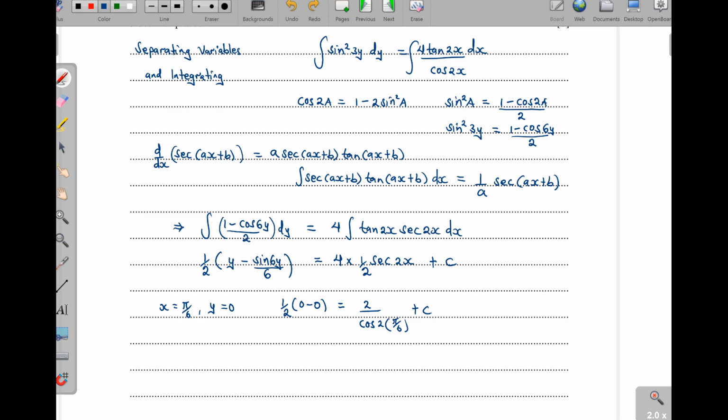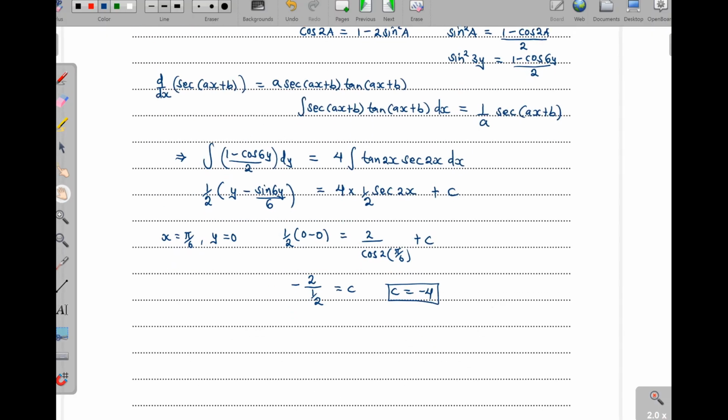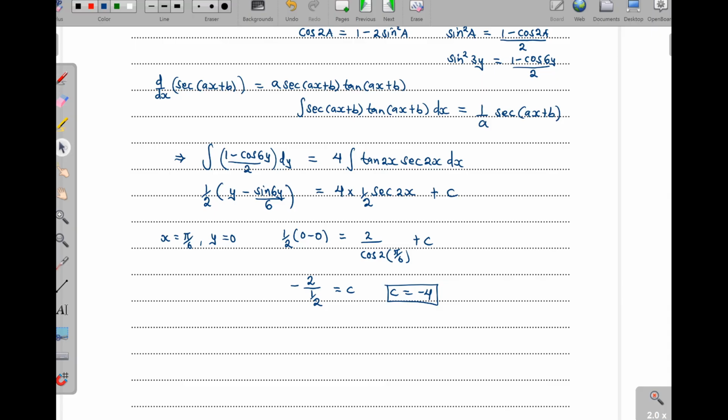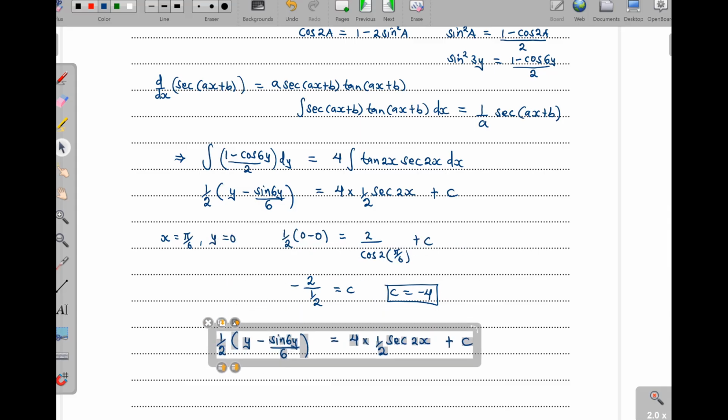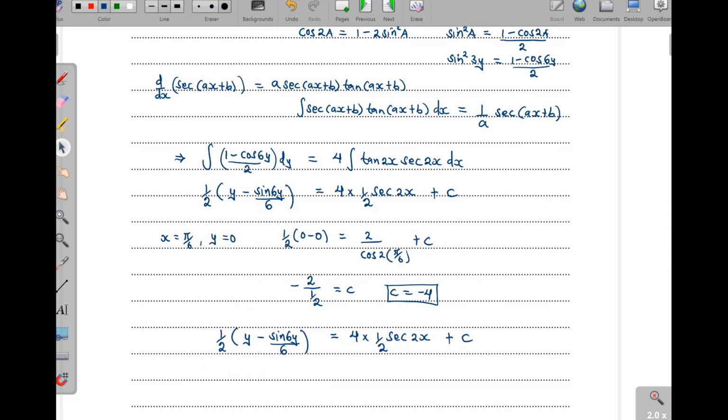Cos of 60 is a half, not so? So we shall have a half, that is 2 out of a half. But this is a negative when it crosses the equal sign. And that means that our C is going to be a negative 4. So meaning that the particular solution is going to be, I'm going to get everything here, duplicate it here, and then where there is a C, I just write a minus 4. As simple as that.